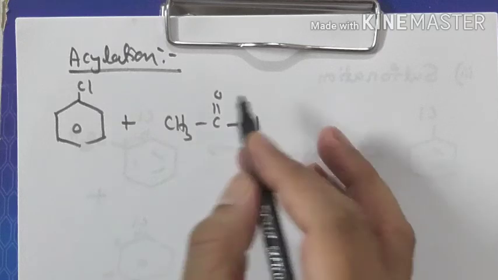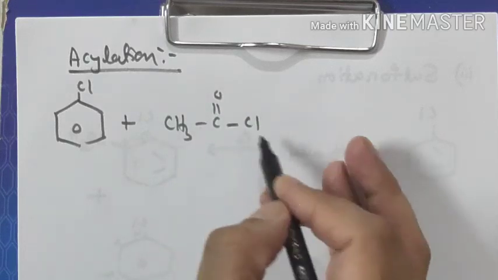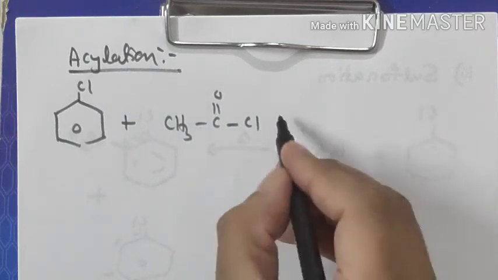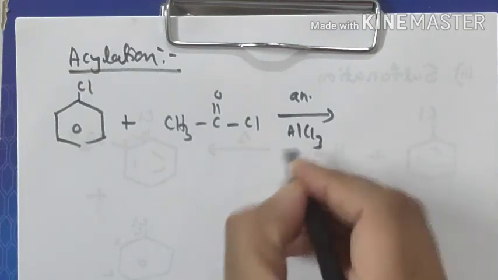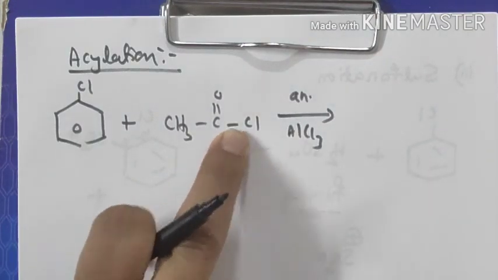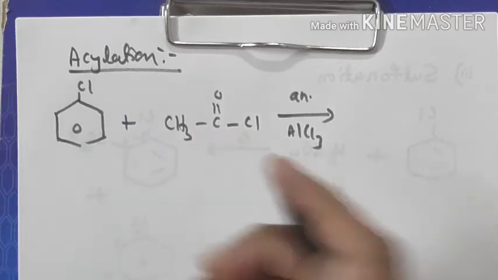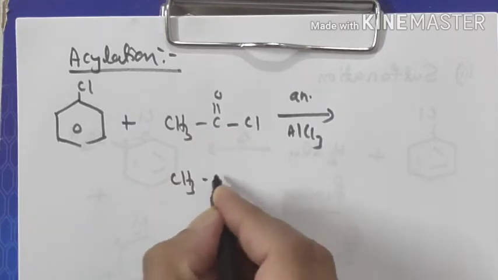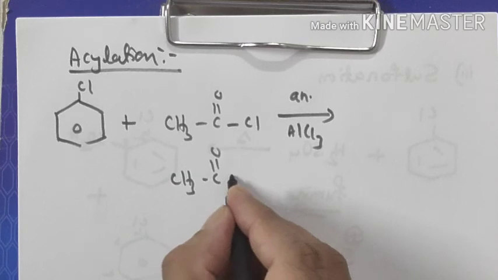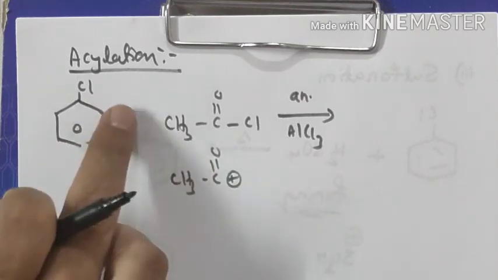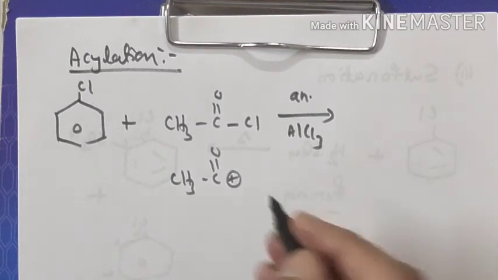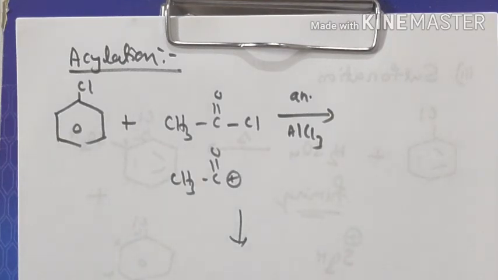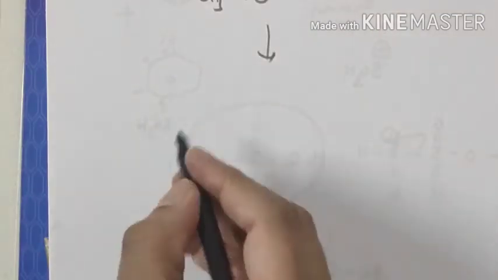What is this? This is acetyl chloride. Again, in the presence of anhydrous AlCl3, this AlCl3 is going to take this Cl. We get a positive charge on this part. I hope this is clear. So this will become positive, and this positive charge is going to attack either on the ortho or on the para position. So simple.